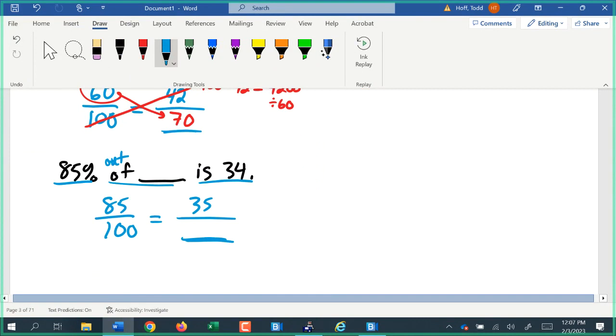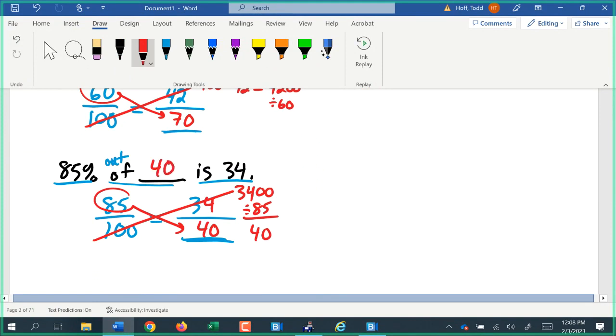So again, we find the two numbers that are diagonal to multiply. 100 times 35 is 3,500. And then the number that is diagonal to our missing piece is what we divide by. So 3,400, I should say. I wrote 35 down here. This should be 100 times 34 to get 3,400. 3,400 divided by 85 is 40.